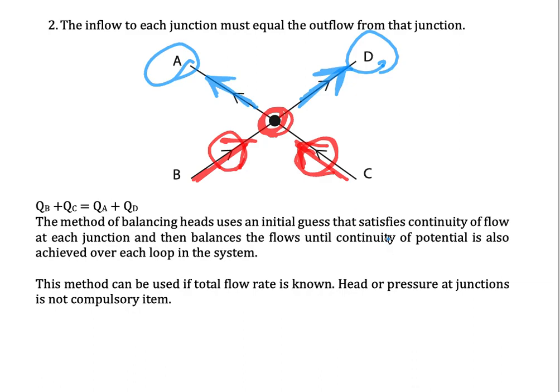As mentioned here, we need to guess our initial condition, and then we need to do the correction. If the flow is too low, we need to increase the flow in that section, and then we need to reduce another flow rate because the inlet and the outlet must be the same.